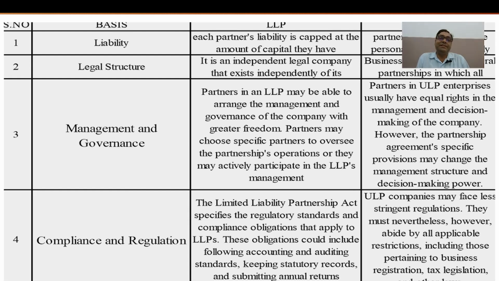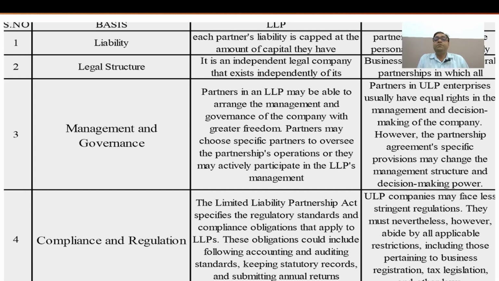Now the legal structure, number two. LLP is an independent legal company, existing independently of its business functions, while a general partnership is the ULP. The third parameter is management and governance. Partners in an LLP may be able to arrange the management and governance of the company with greater freedom.